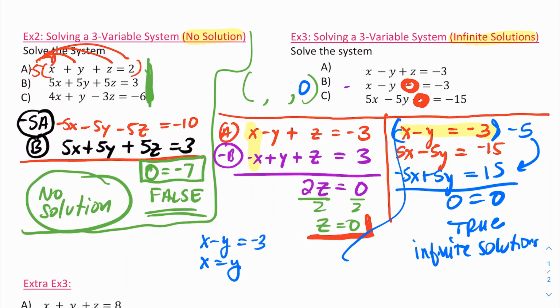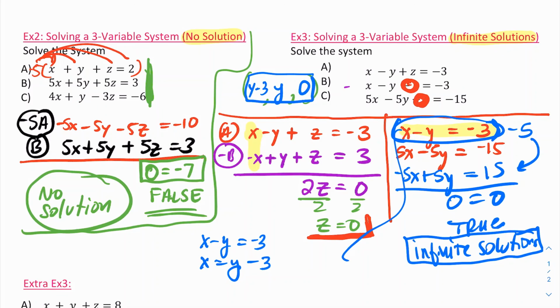So x equals y minus 3. So I could put y minus 3 here, and I could just put y in that case there. So what I'm doing is I'm just solving this for one of the variables so that they're in terms of one another. So that's one way of doing it. If you just put infinite solutions for right now, that would be sufficient.